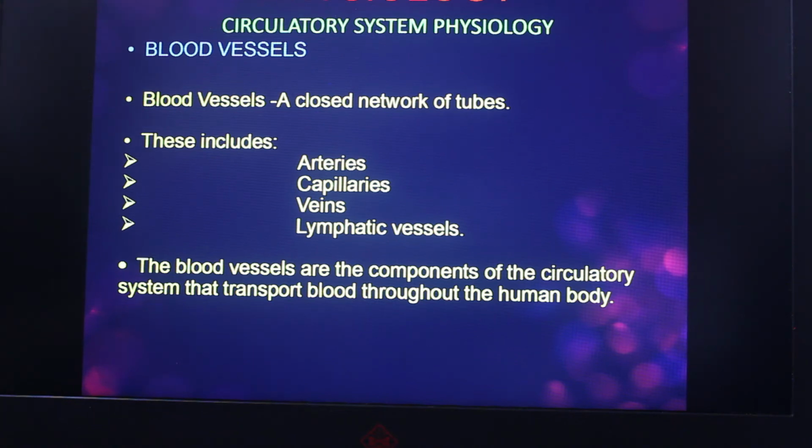The blood vessels are a closed network of tubes which are named arteries, capillaries, veins, and lymphatic vessels. The blood vessels are the components of the circulatory system that transport blood throughout the human body.